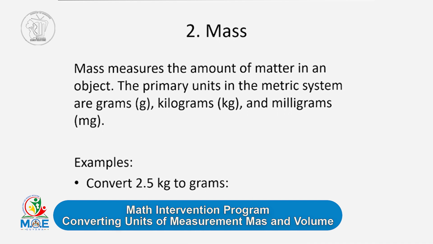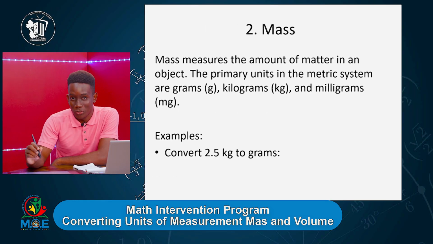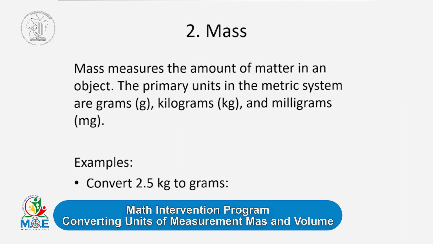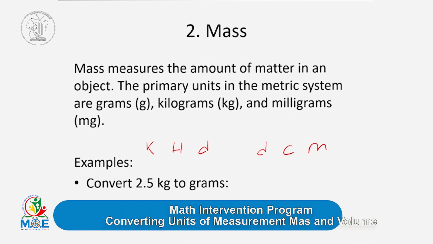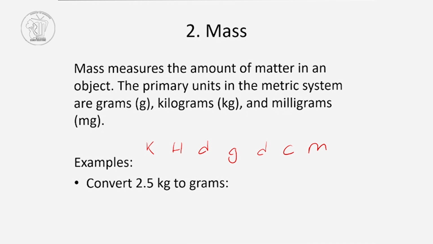Let's use the same mnemonic that we used for units of length, which says, many Chinese danced, many days Hong Kong. But instead of meters here, I will replace the middle meter with grams, and instead of mm, this will be mg.